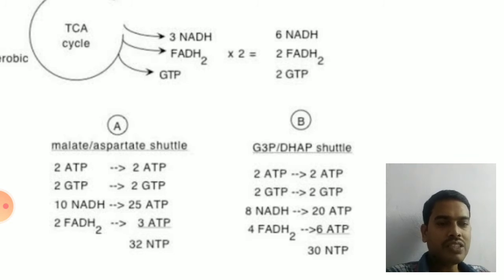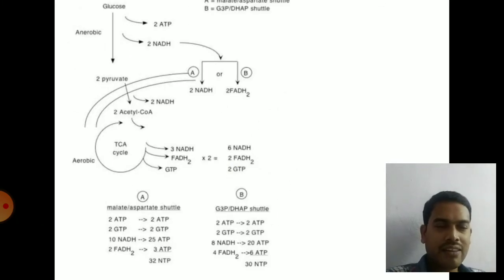So complete oxidation of glucose through the malate aspartate shuttle system will yield 32 ATP molecules, whereas complete oxidation of glucose via the glycerol 3-phosphate shuttle system will yield 30 ATP molecules. So this is the exact and accurate calculation of ATP yield for complete oxidation of one glucose molecule and the shuttle systems.